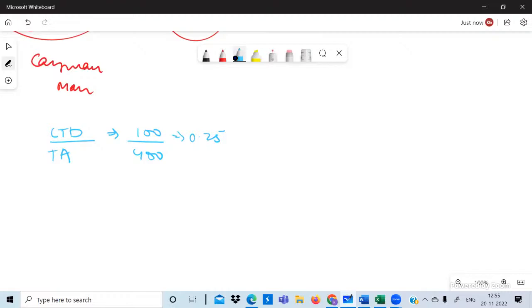Assets under stress? No, it's not assets under stress. I've just taken 100 crores of long-term debt and it's backed by assets worth 400. I've got total assets worth 400.